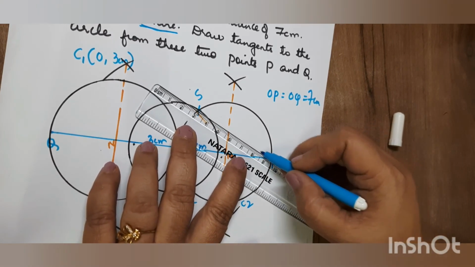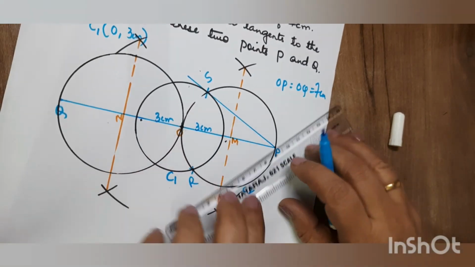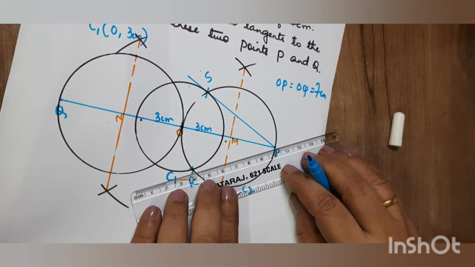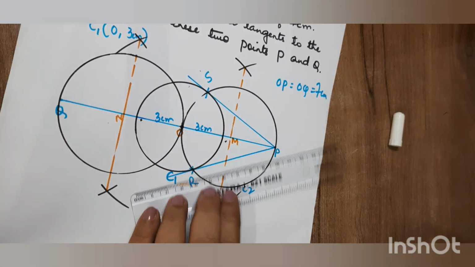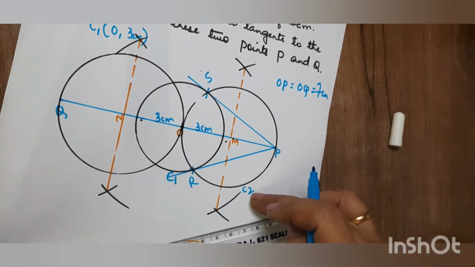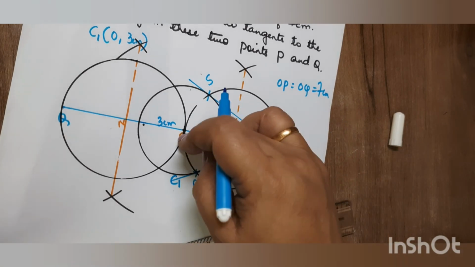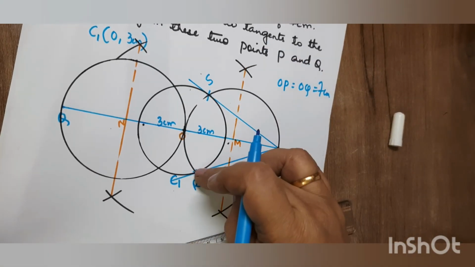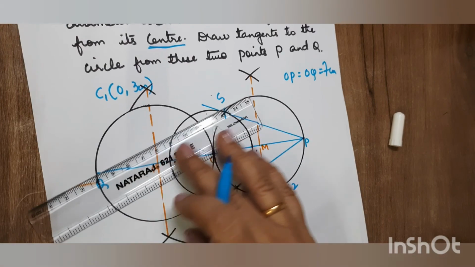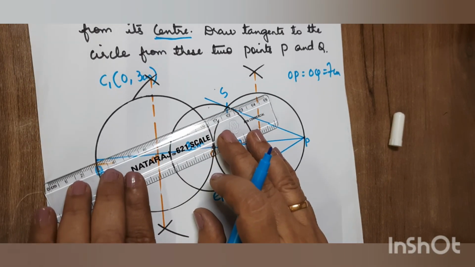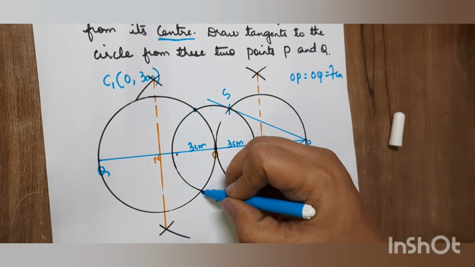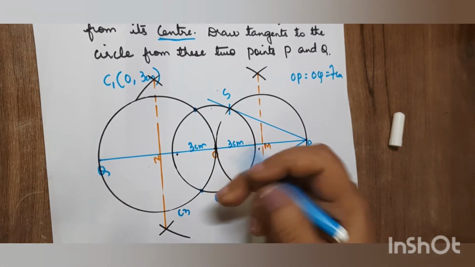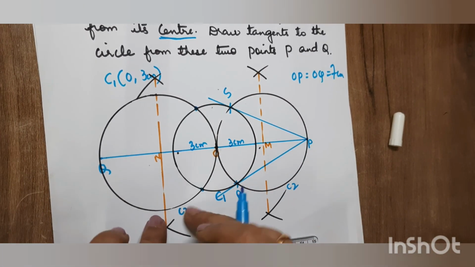The tangents are drawn from the extended diameter. So from point P to circle C1, PS and PR are the tangents.